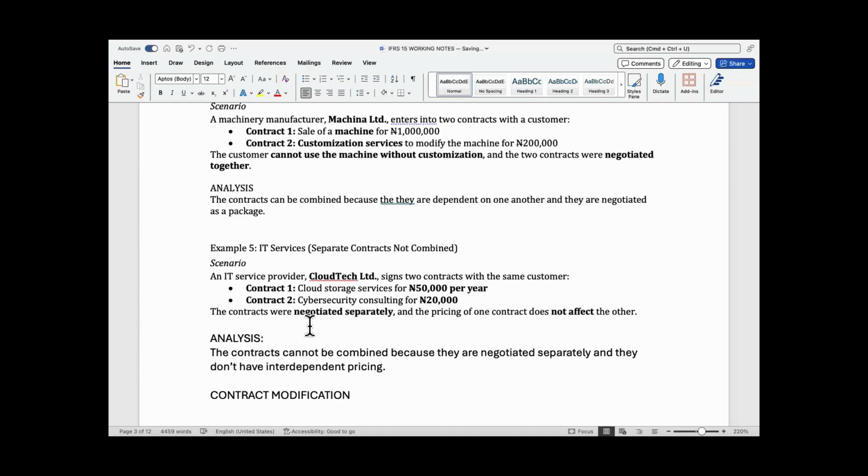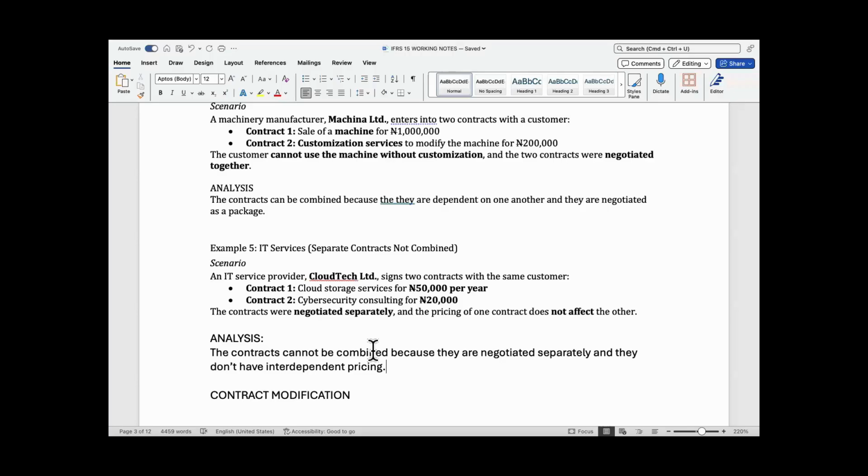So all of this scenario is just for you to get used to contract combination, that you can only combine contracts together when any of those three occur, either when the contract is negotiated together as a single package, or the goods or services in the contract can be delivered together, and also where the price of one determines the price of another, or when the price of one is dependent on the performance of another.